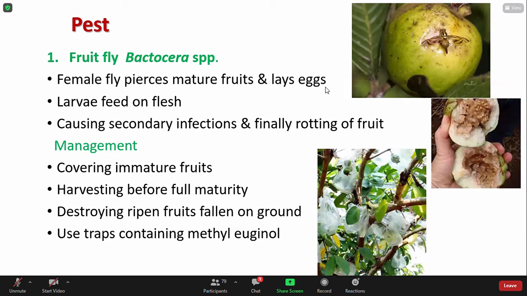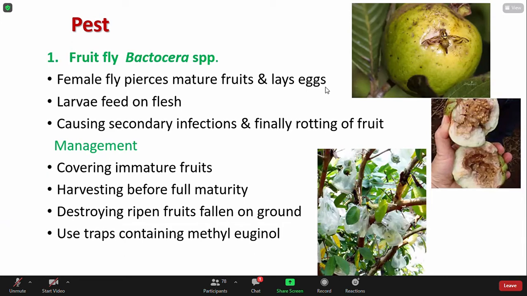In your discussion part, you have to write that. And destroying, did you note it? Yes, miss. And destroying the ripened fruits fallen on the ground.